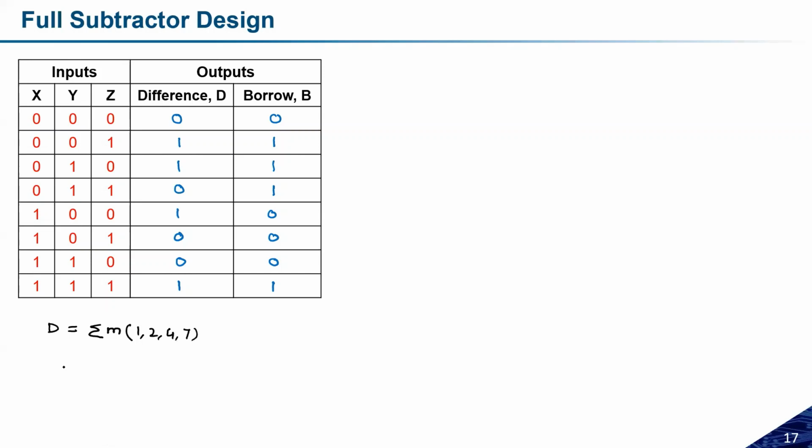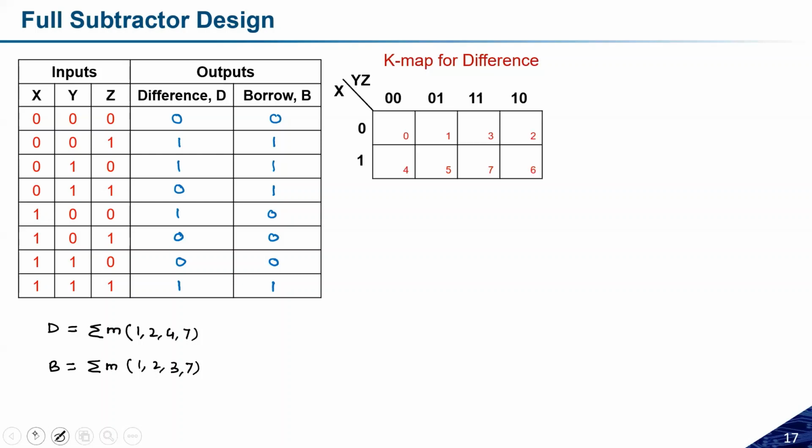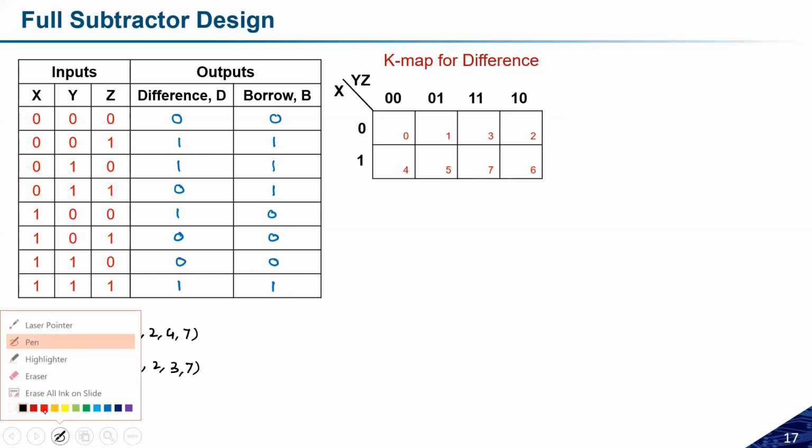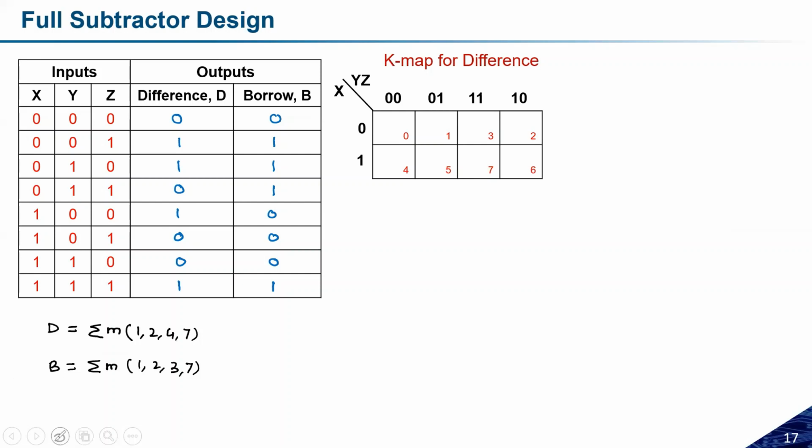The borrow will be summation of m, 1, 2, 3, and 7. So this is the difference and the borrow. Let us try to make the K-map for the difference. I will take 2 more minutes and I will finish it off.